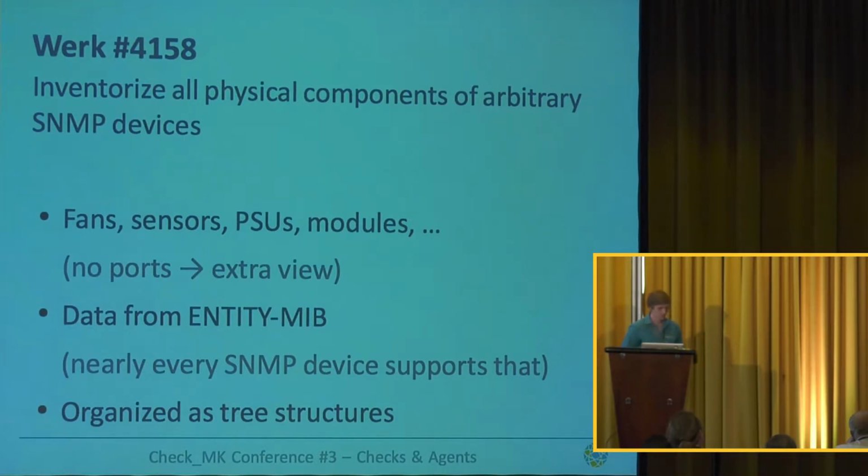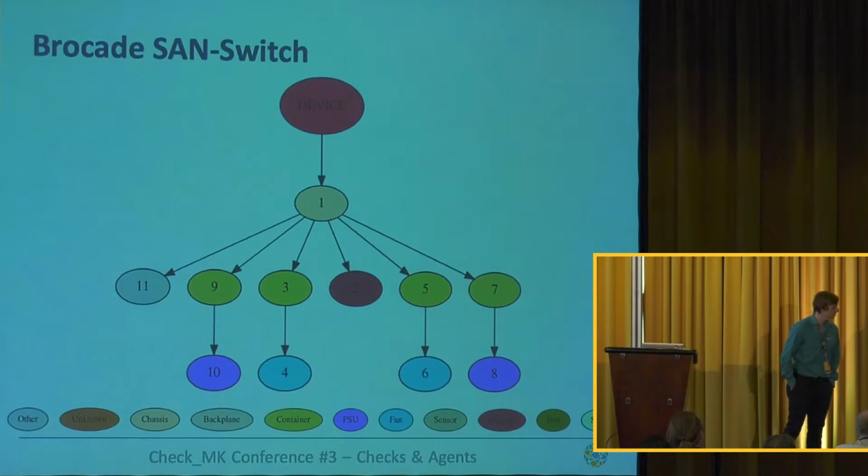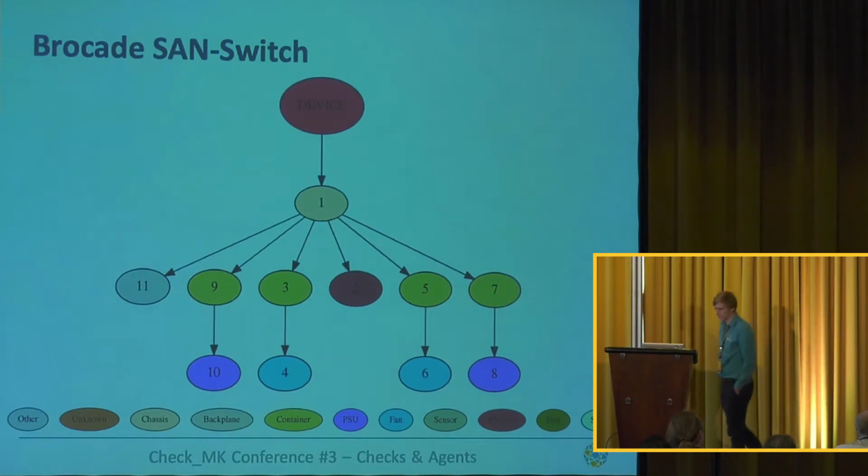Then all these physical components are organized in a tree structure, and I would like to show you three different examples for that. Okay, so this could be a tree of a Brocade SAN switch, and like I said, we left out the ports, also for all the other ones. Overall, it's organized in a chassis, and it has different containers.